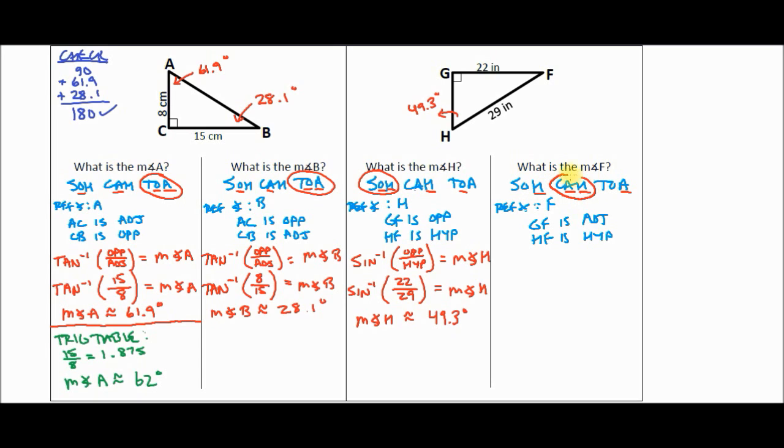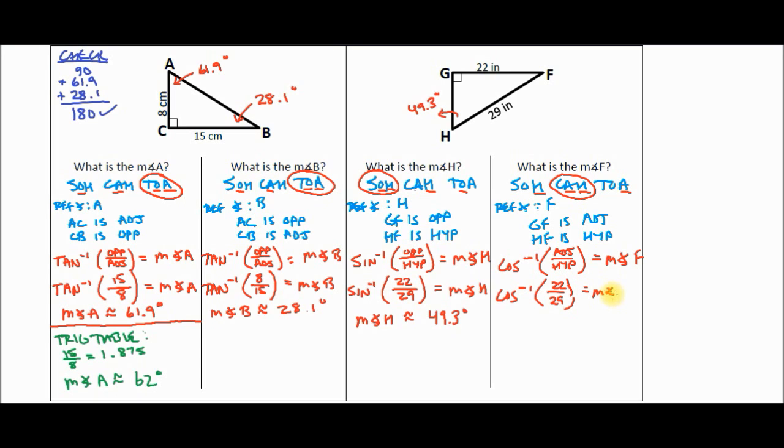That means we're going to use cosine. So this time inverse cosine. We know cosine is adjacent over hypotenuse, and that's going to be the measure of angle F. Let's plug in what we know. Inverse cosine. Adjacent is GF, that's 22. Hypotenuse is 29.